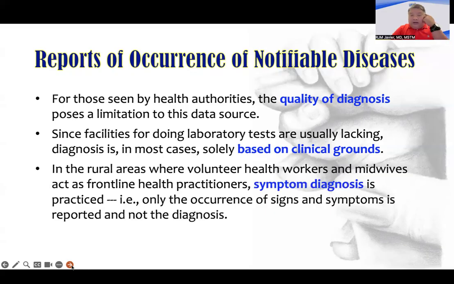Now, in rural communities where volunteer health workers and midwives are the frontliners, symptom diagnosis is practiced, and only the occurrence of signs and symptoms is reported and not the actual medical diagnosis.